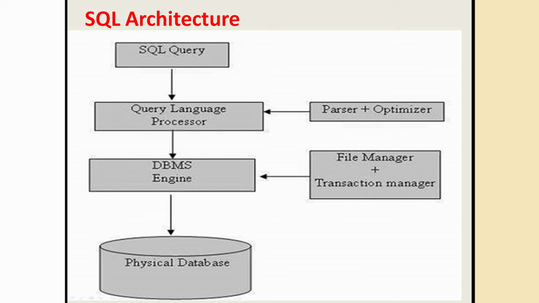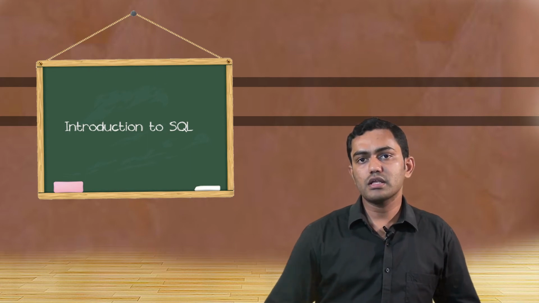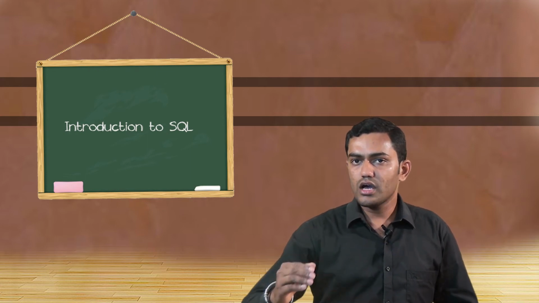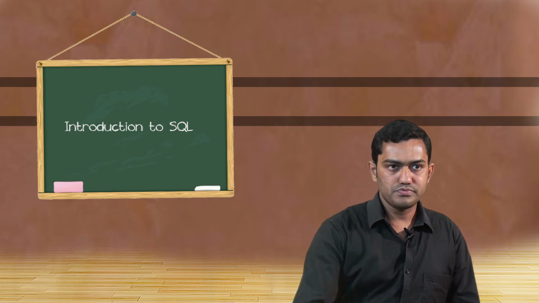In the parser and optimizer it will check the syntax. If the syntax is correct, it will pass to the RDBMS engine. From there it will connect to the database where the data is actually stored. Depending upon our query, it will extract the data, or if you are creating a table, the corresponding actions will take place.